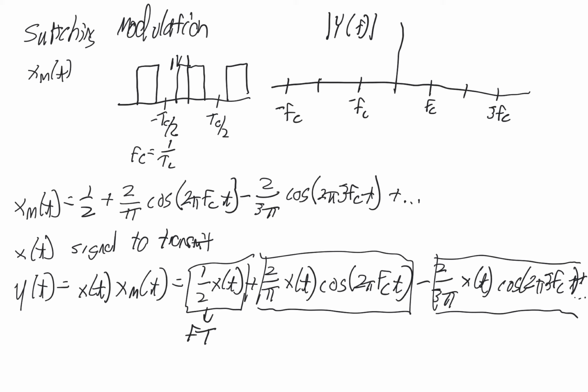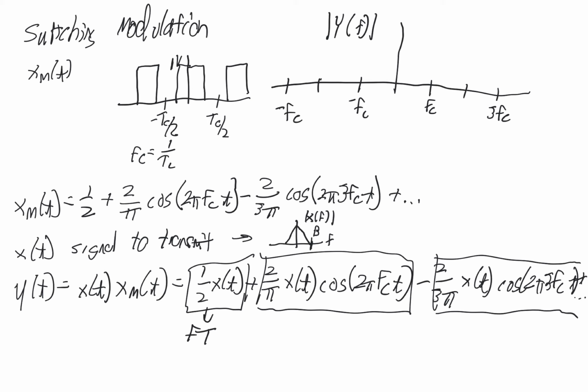Now, our original signal x, when I take its Fourier transform, is going to have some shape to it. Let's just assume it's something simple like that, and it goes up to some bandwidth frequency B here.